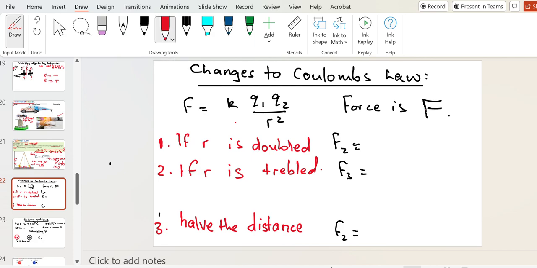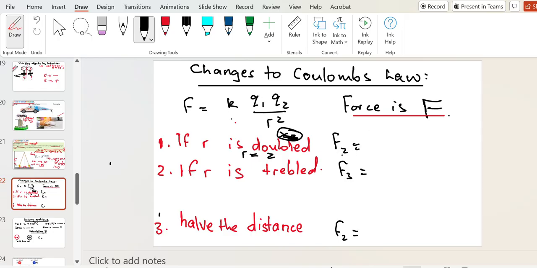Let's say we have two charges. The force is F. If R is doubled, double means times 2, so R is equal to 2. What is the new force?